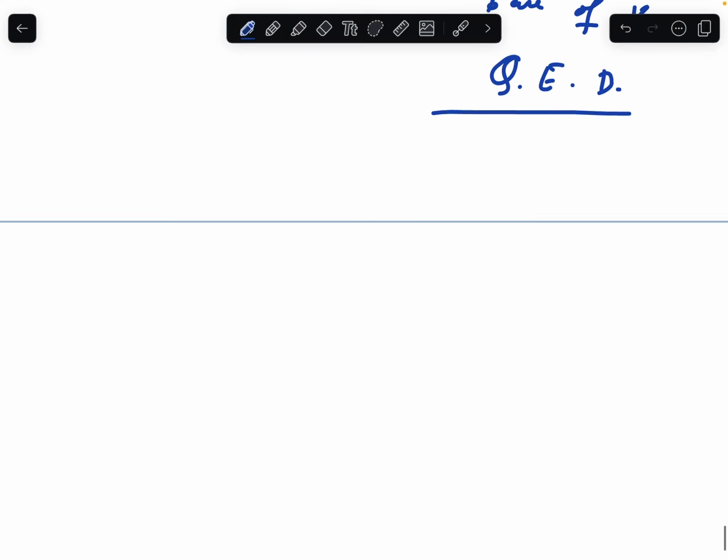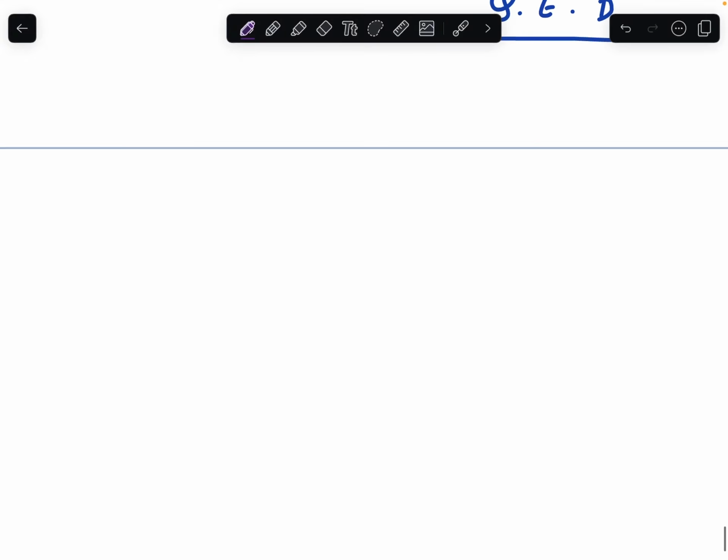Okay, now note that 5 can be written as 3 plus 2. It can also be written as 4 plus 1 or 0 plus 5, right?